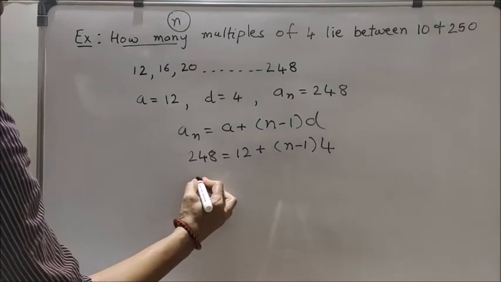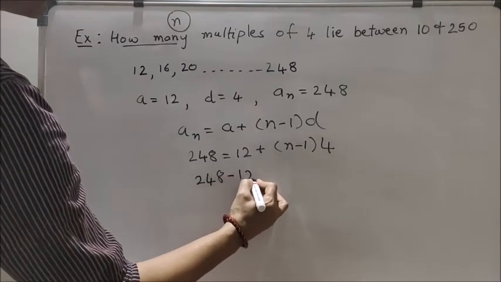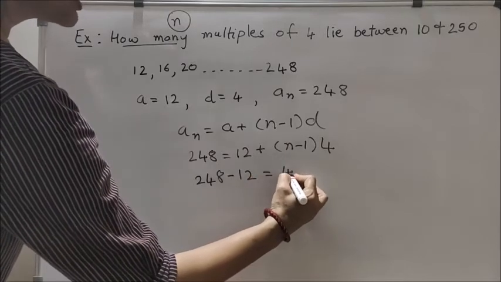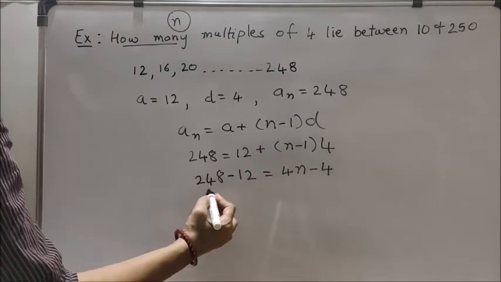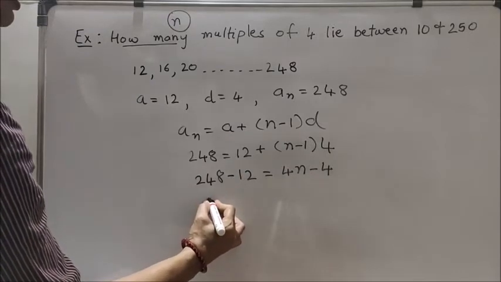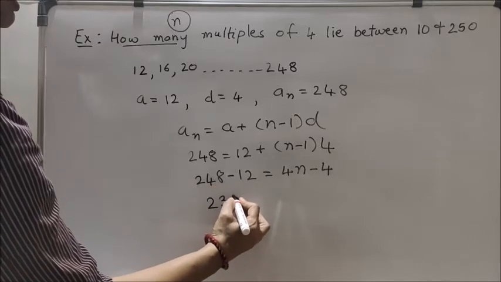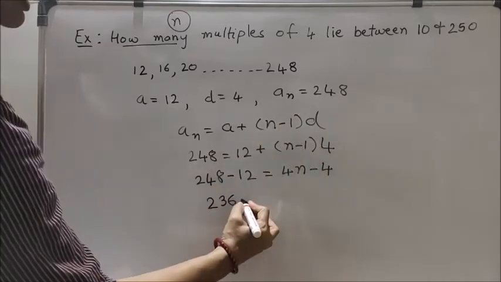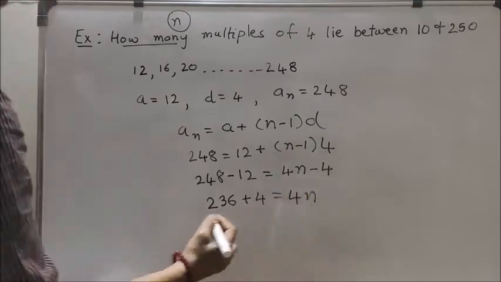Solving the equation, we get 248 minus 12 equal to 4N minus 4. We multiply. This gives you 236. This 4 comes here, plus 4 equal to 4N.